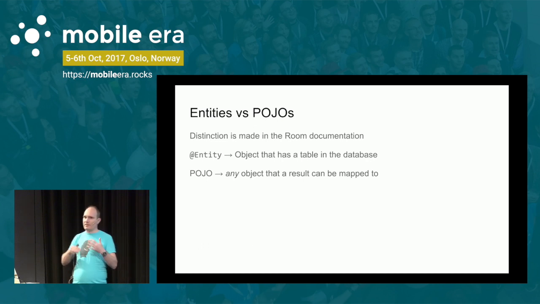So an entity has a mapping to a table, while a POJO is basically any Java or Kotlin object that you can map a result onto. This comes into play when you're working with data access objects, so we'll see an example of that soon. But when you're reading the Room documentation, you'll see they use POJO and entity in different places, and that can be surprising.